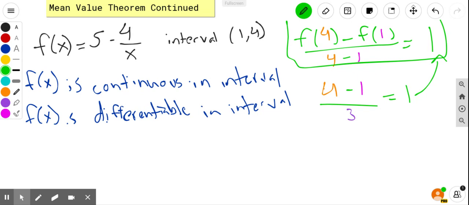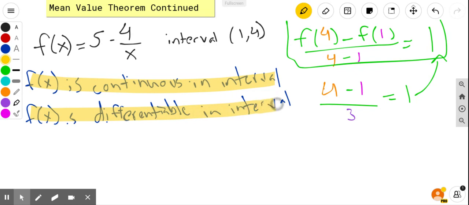Now, the mean value theorem states that as long as these two conditions right here are met, then I am guaranteed that f prime of x should equal the number I just found, which is 1. I'm guaranteed at least one solution, so I'm going to go ahead and try and find it.